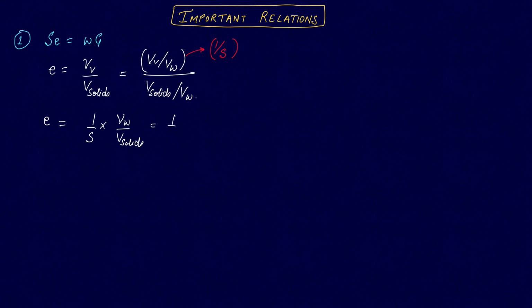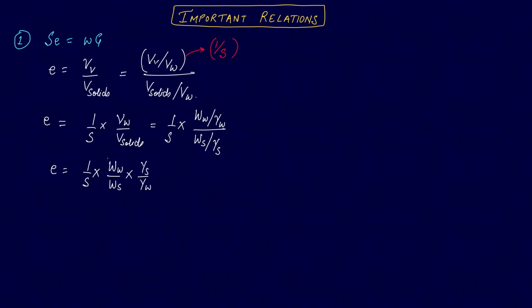So that can be written again as: the volume of water is equal to the weight of water divided by gamma of water. In the same way, volume of solids can be written as weight of solids to the gamma of solids. Now it can be written as 1 by S into Ww divided by Ws into gamma s upon gamma w.